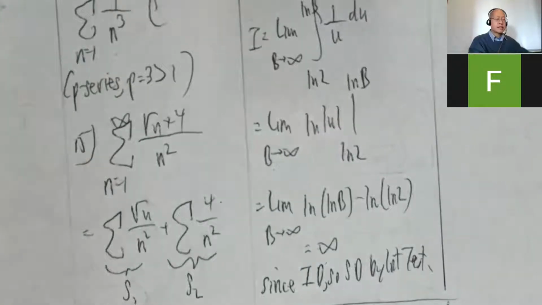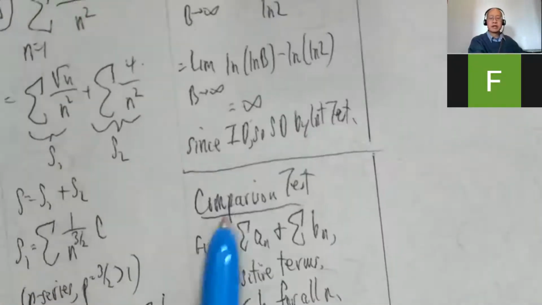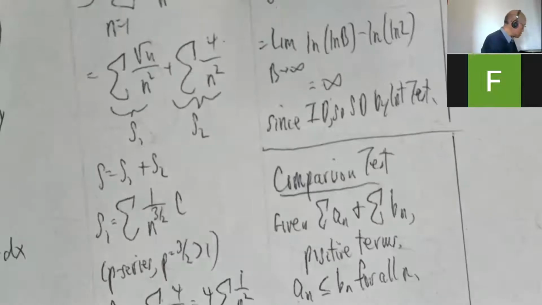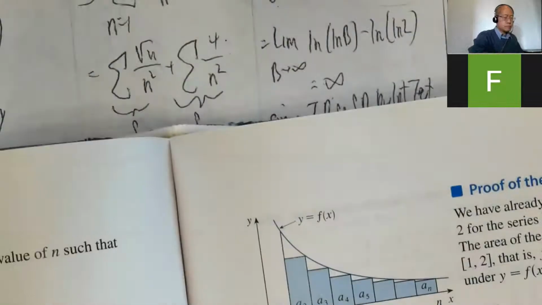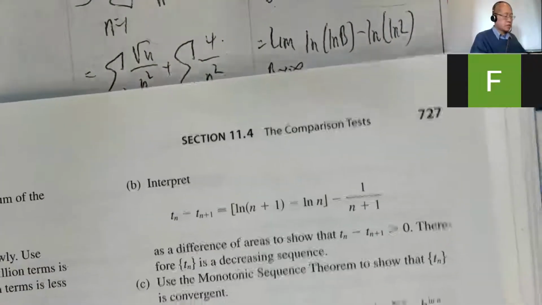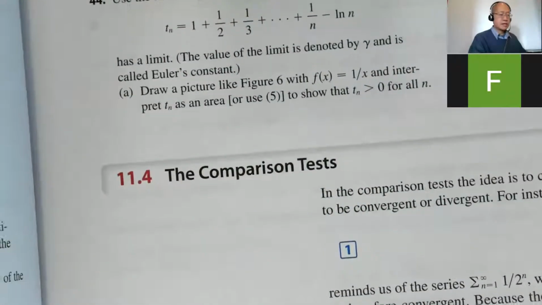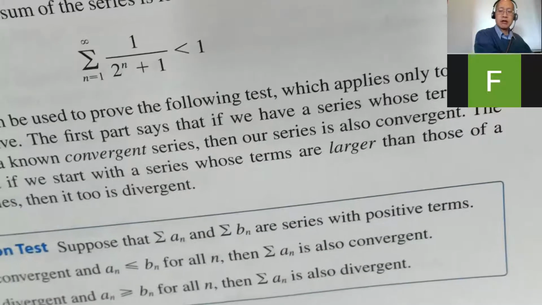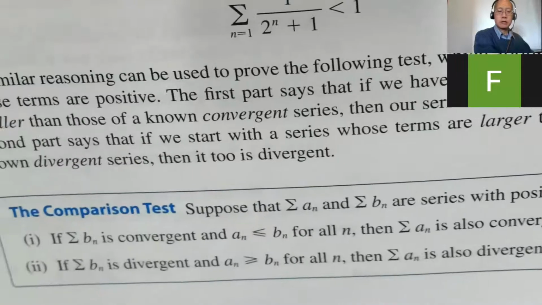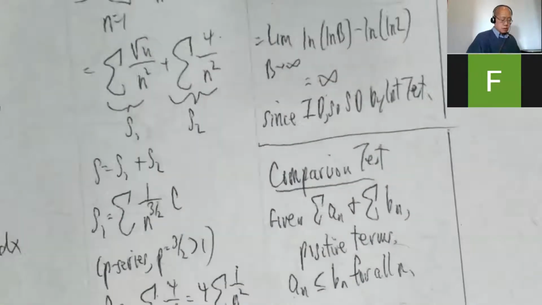Okay. So next up is something called the comparison tests. So page 727, comparison tests. Okay. The actual comparison test is at the bottom there. I'll just mention that it's there. I'm not even going to talk about it much now. I'll just show you my version of it. Okay.